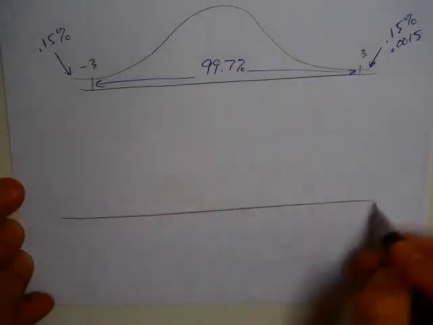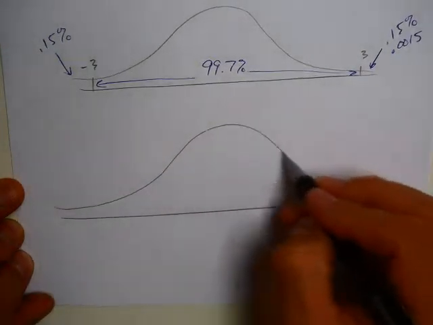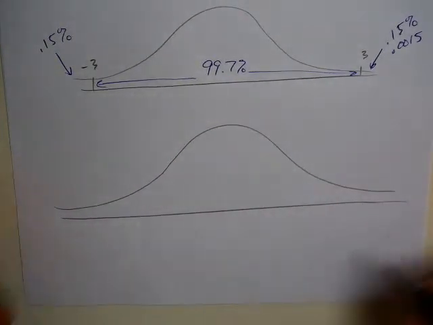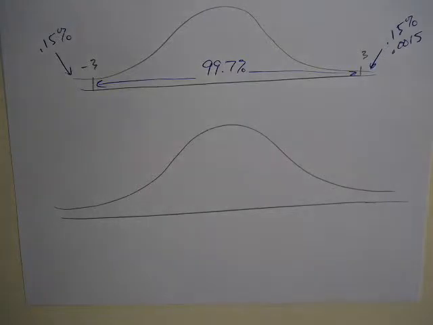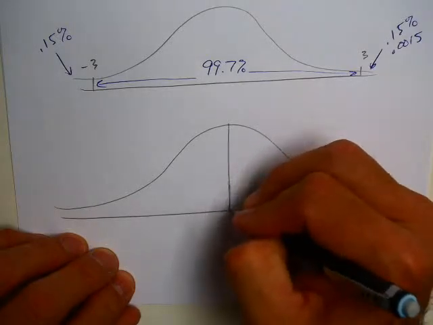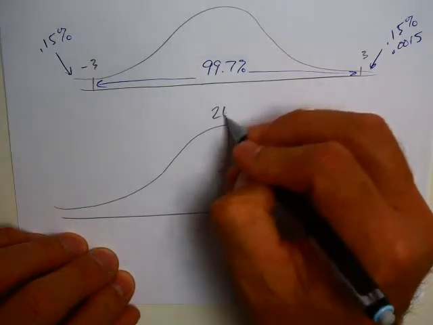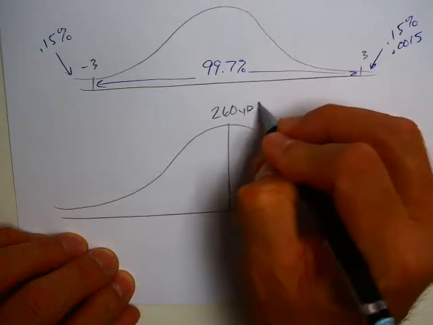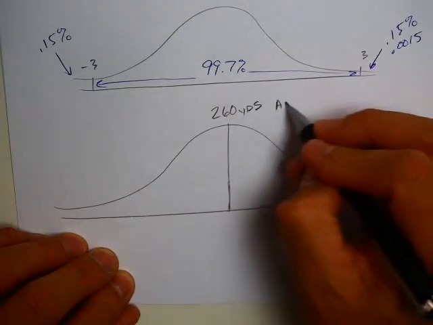Okay. Let's say there's a pro golfer. All of his drives follow a normal curve. The pro golfer has an average drive of 260 yards. Average drive.